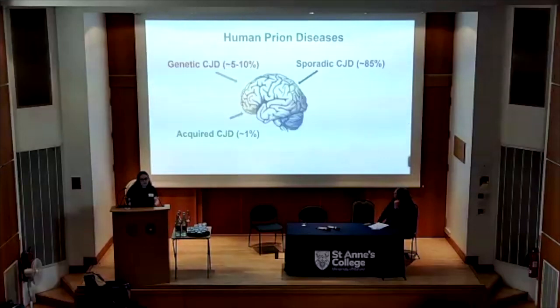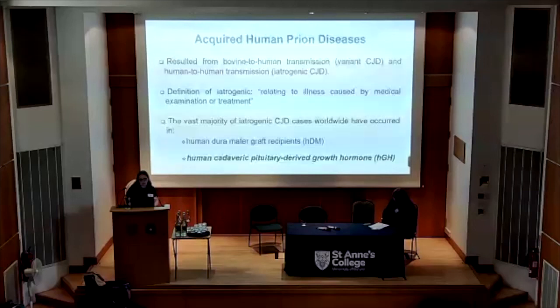Now, CJD is the most common form of human prion disease, and we know that it can be classified into three forms according to the cause of the disease. And our project's focusing on the smallest, but nonetheless most important subset of diseases, and that's the acquired forms.